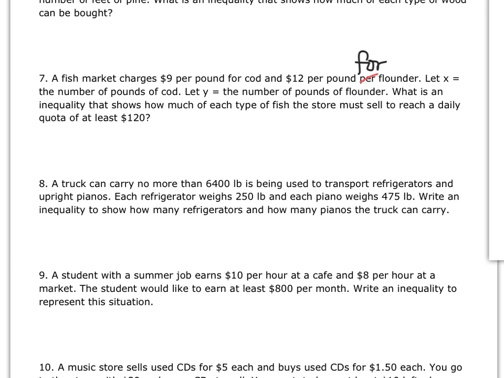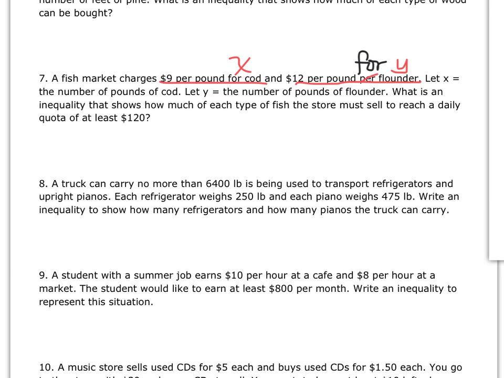All right. So we've got $9 per pound of cod. And what variable did they tell us to use for cod? X. And $12 per pound of flounder. And I said Y was flounder, right?